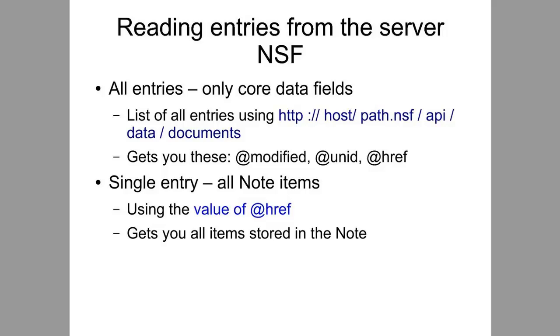You can do that using this URL, which is basically the path to the NSF, and then it says api/data/documents. That will retrieve a list of all notes in the database, but it only gets you the modified date, the UNID, and an HTTP address, which points to the note.